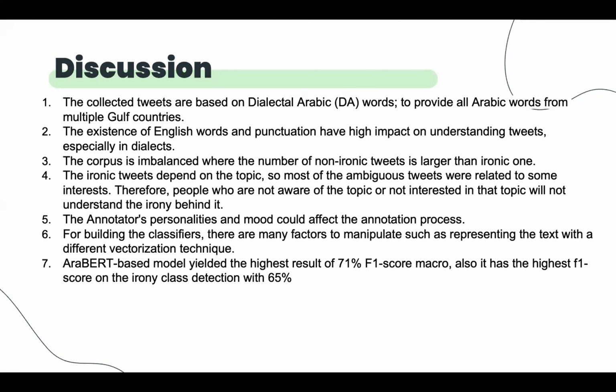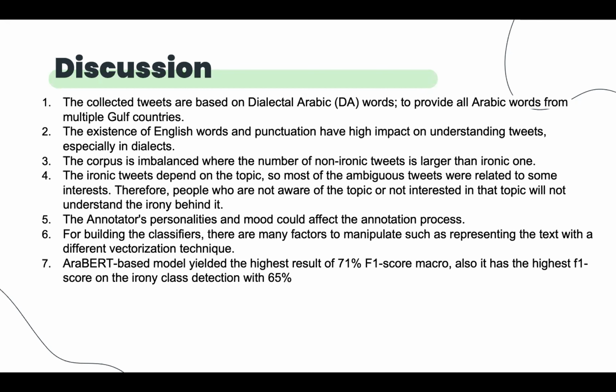So we noticed that the misspelled words are intentionally used in the context of irony. And as I mentioned earlier, we relied on the F1 score for evaluation purposes and avoided accuracy.